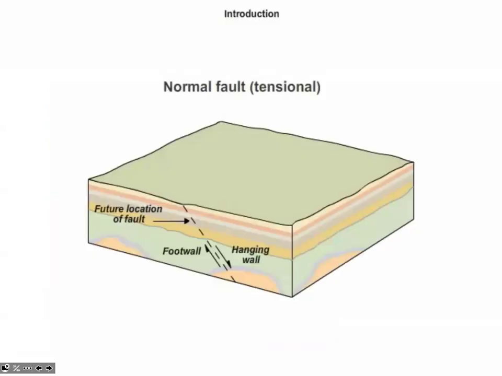A fault develops where a rock structure is broken and forcibly displaced. The movement along a fault may be vertical, horizontal, or a combination of both. A normal fault develops from tensional stress, the stress that results when a landscape is rifting or pulling apart.